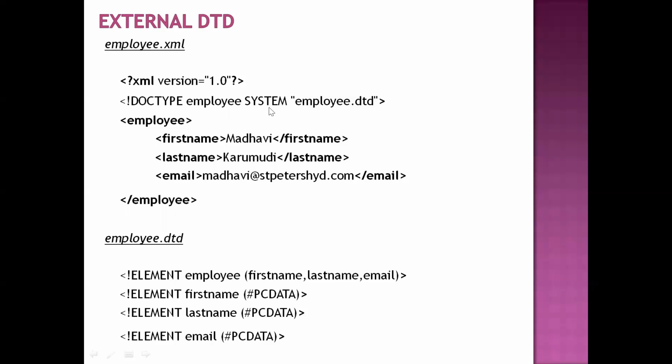So SYSTEM is the attribute. Compulsory this should be in capital letters. The SYSTEM is used for linking the specified DTD with this XML document. So automatically whatever rules you have written here, that will comply to this XML file. So this is the way to write the XML DTD, right?